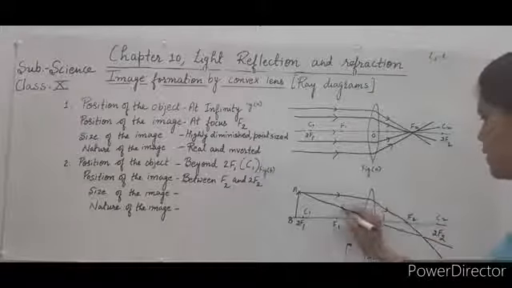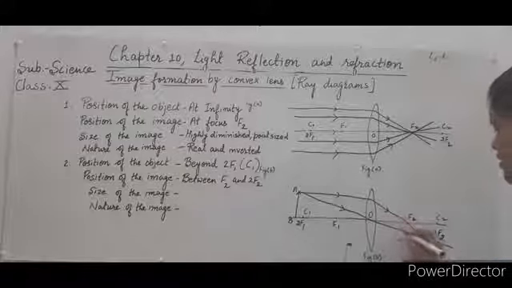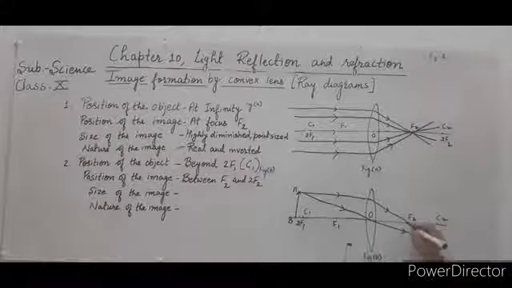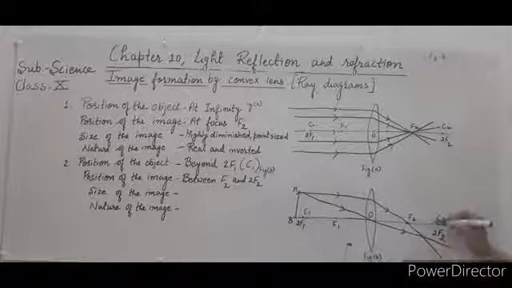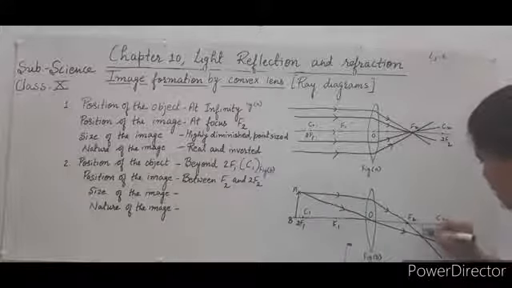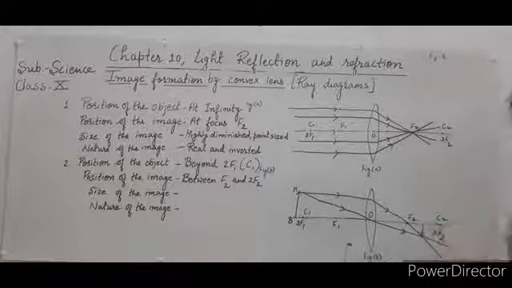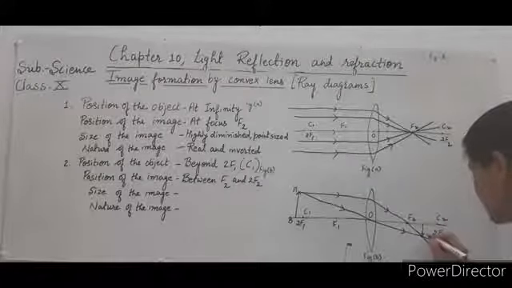Passing through the optical center, it passes without any deviation, and these two rays meet at this point, between F2 and 2F2. So here the image formation takes place.